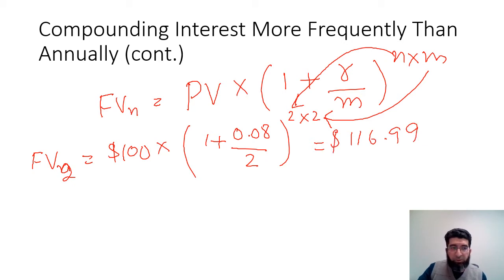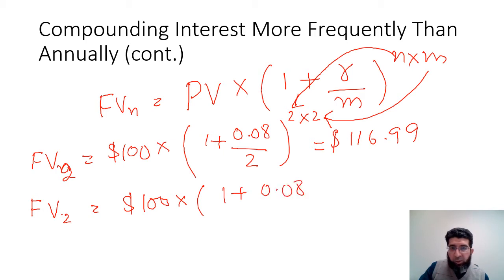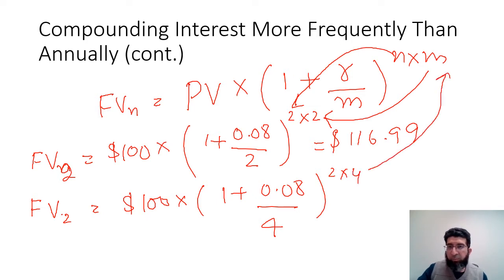$116.99. Similarly, if we want to do it for quarterly, then FV for 2 years equals $100 multiplied by 1 plus 0.08 divided by, now we are going to divide by 4, and the power is 2 times 4, so this 4 is the m and the 2 is the n, and this will give us the value of $117.17.